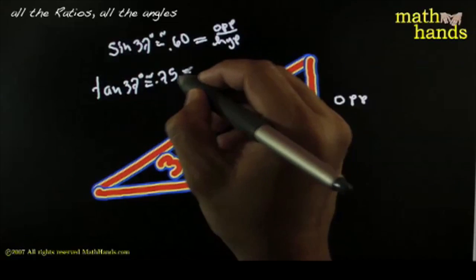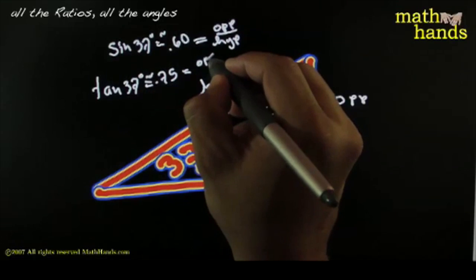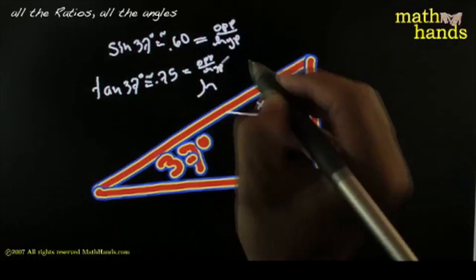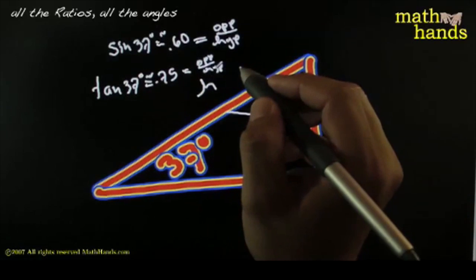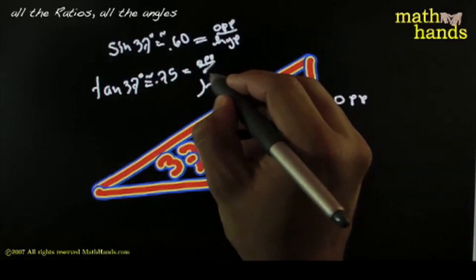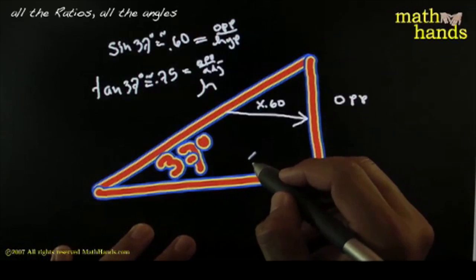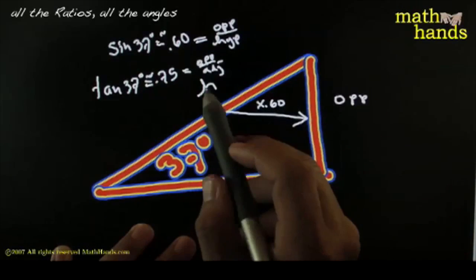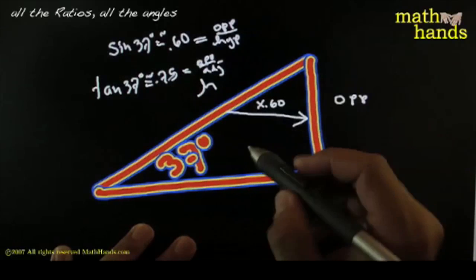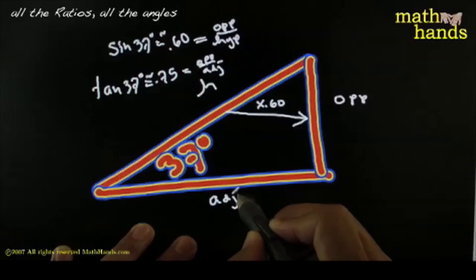Well, the tangent is by definition the ratio of opposite to hypotenuse, right? No, just kidding. Opposite to adjacent. So what in the world does that mean? That means that the opposite is about 75% of the adjacent. So this is the adjacent.